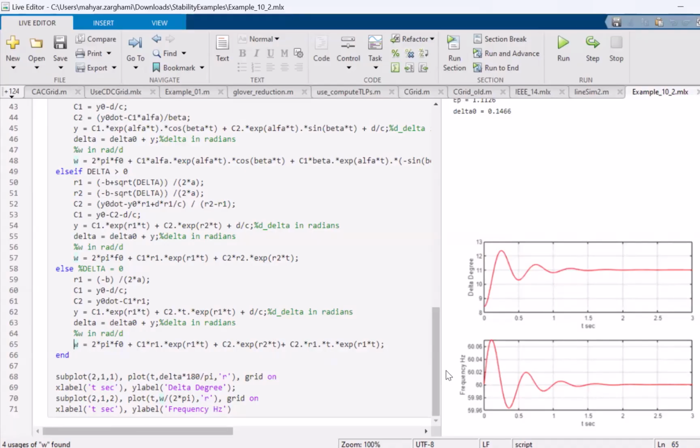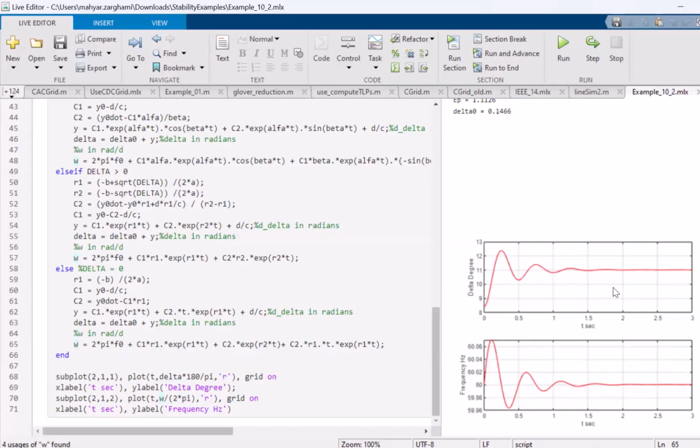What is important here to consider is that we want the frequency to go back to basically 60 hertz. But for the delta, we don't necessarily need to go back to the same delta. We can go from one delta to another delta. As long as we go from one stable delta to another stable delta, the system is stable. But for the frequency, we always need to make sure that we go back to 60 hertz in terms of operations in the system.